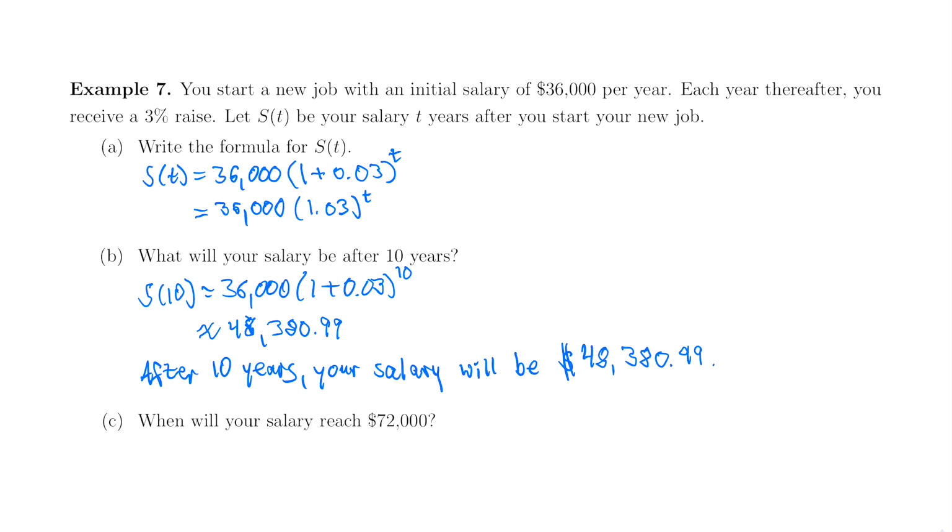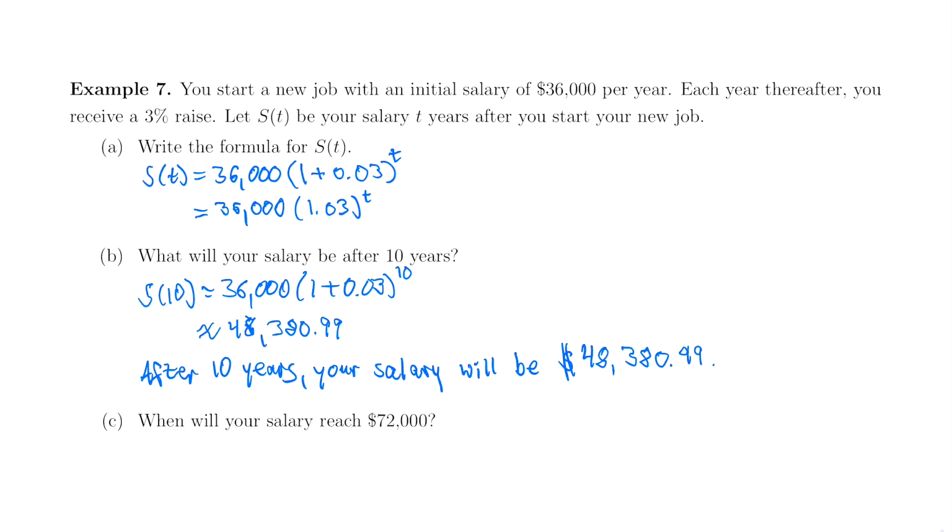Now let's think about, what if you were ambitious and at some point you would like your money doubled? You want to earn double the amount from when you started, and you would like to know how long you have to stay in your job in order to make that happen. So what do we need to do here?